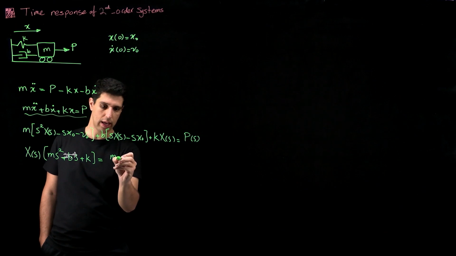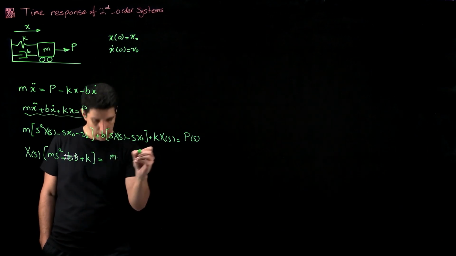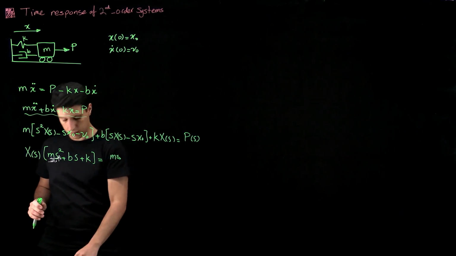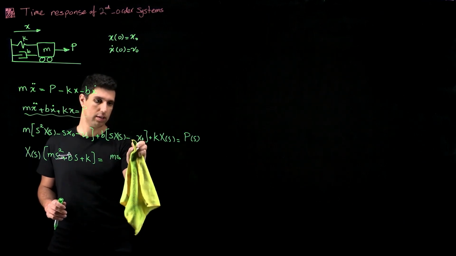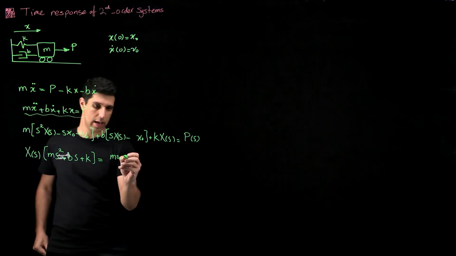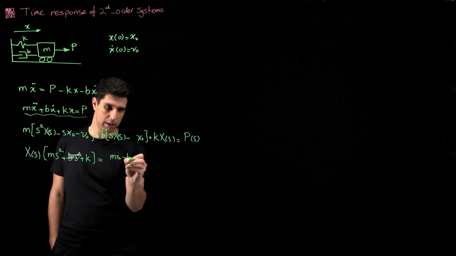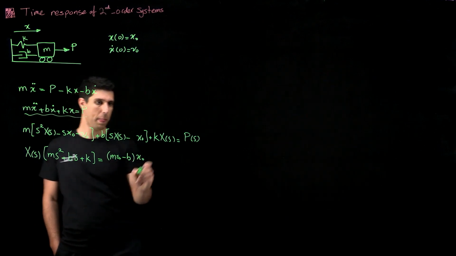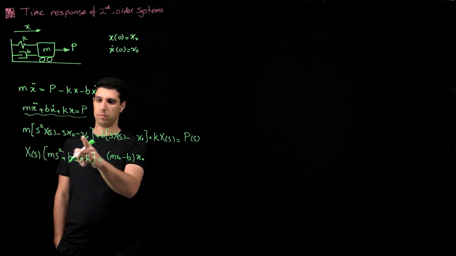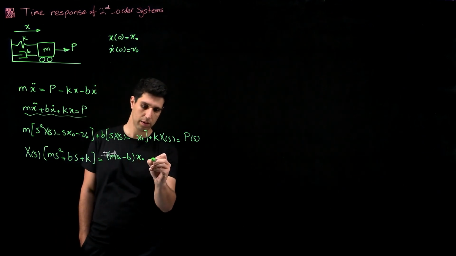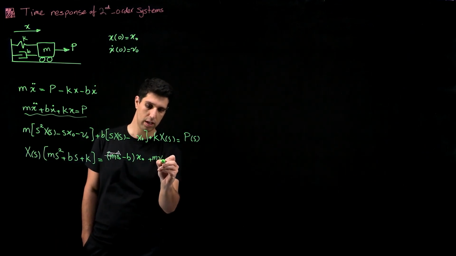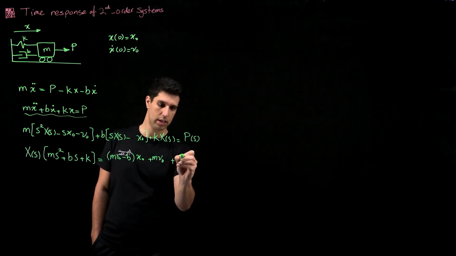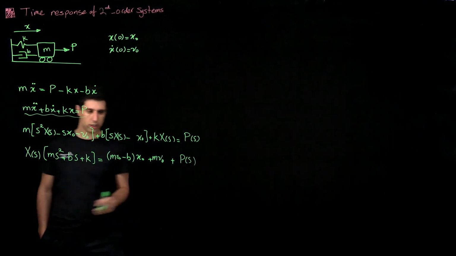So what do I have? ms minus b times x naught. I have m v naught plus P of s.